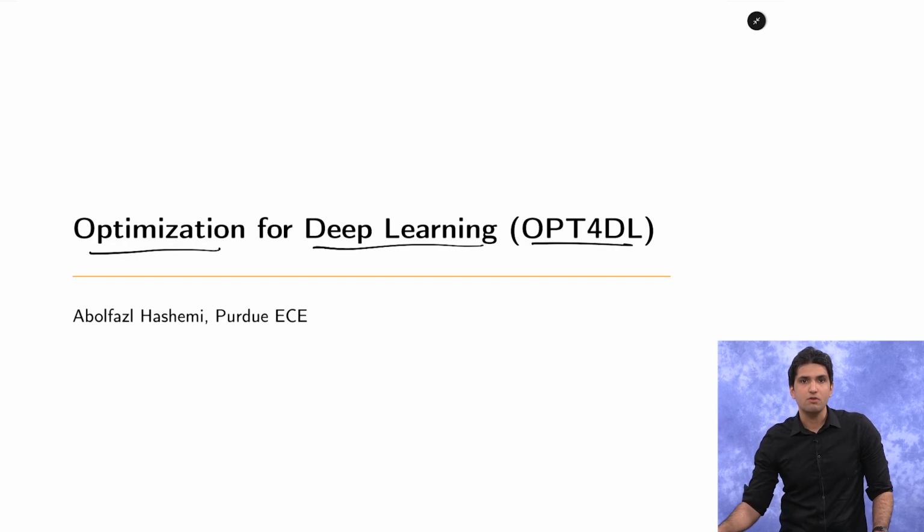So I'm going to first talk a little bit about optimization and a little bit about deep learning and see how we can merge these together to achieve the goals that I mentioned, notably understanding deep learning. And I want to essentially motivate the thesis that optimization is a very useful and handy tool when it comes to understanding deep learning models and designing deep learning models.